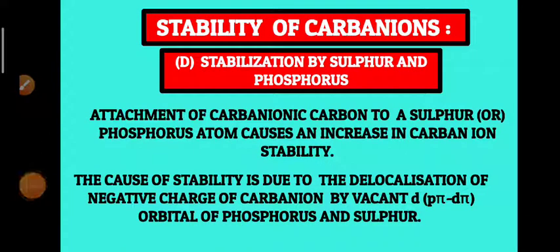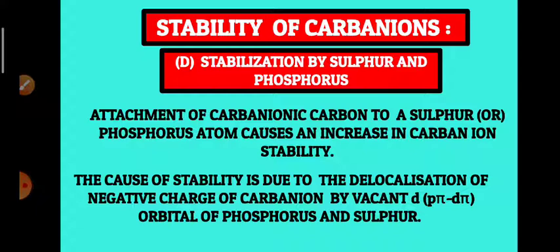Now we go for the fourth point related to the stability of the carbon ions, that is the stabilization by sulfur and phosphorus. Attachment of carbon ionic carbon to a sulfur or a phosphorus atom causes an increase in the carbon ion stability.